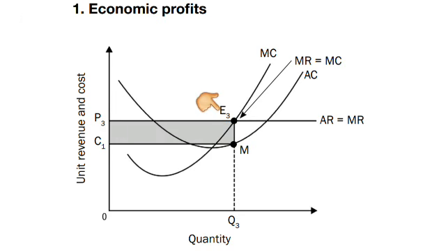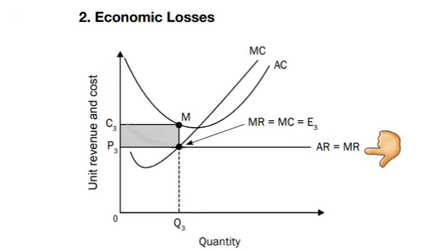Why at P3? Because you are seeing that the graph at P3 is the average revenue, which is equal to the marginal revenue graph. Even when we are looking at it at a loss, you will see that at P3 we still have our average revenue, which is equal to our marginal revenue.